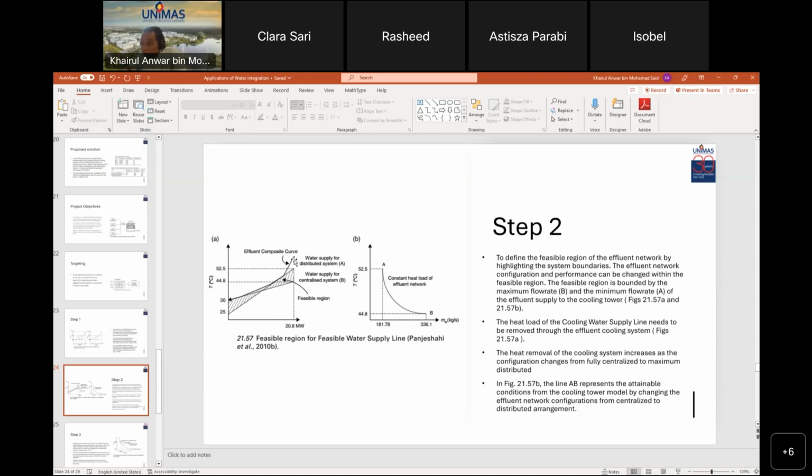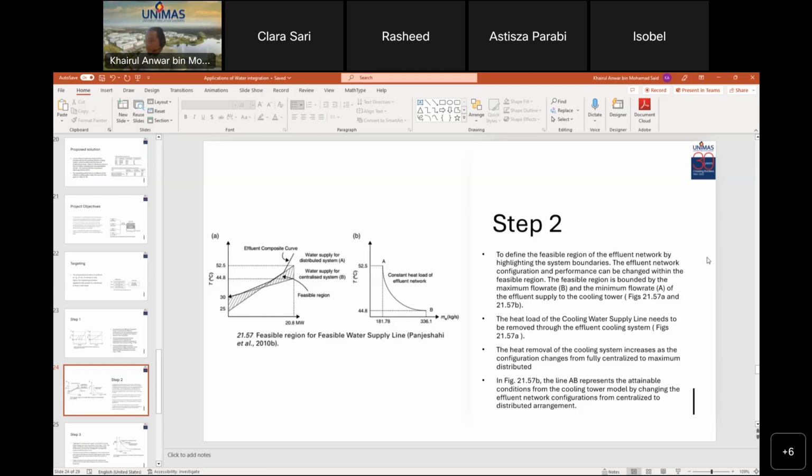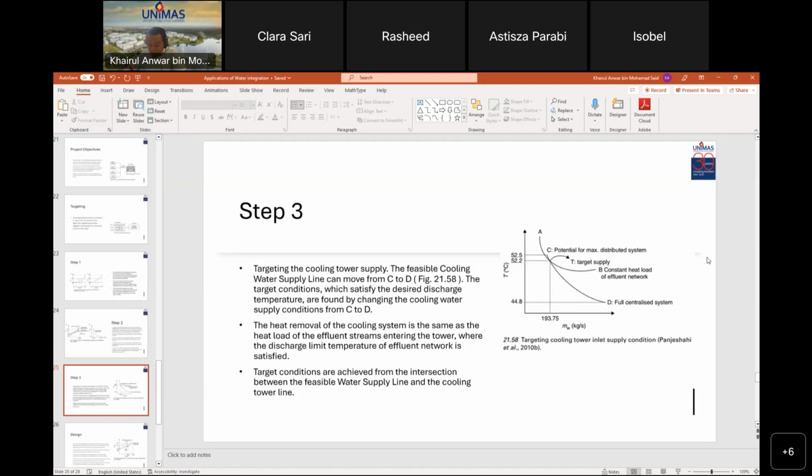So with the effluent composite curve, this is the feasible region. So the feasible cooling water supply line can move from C to D.